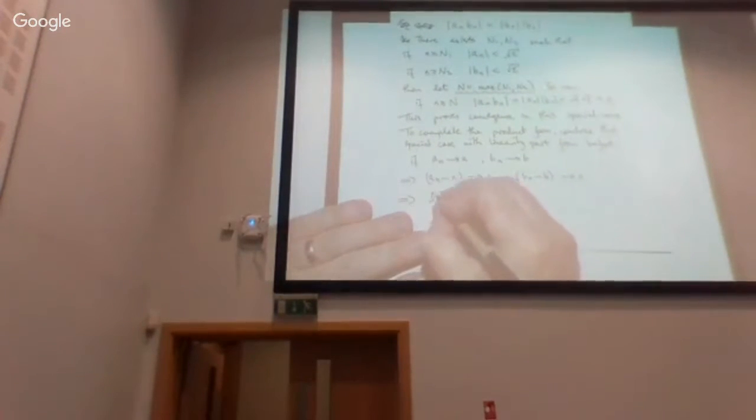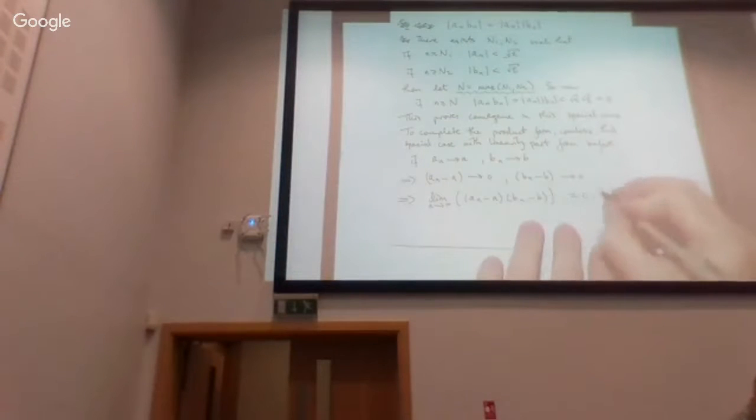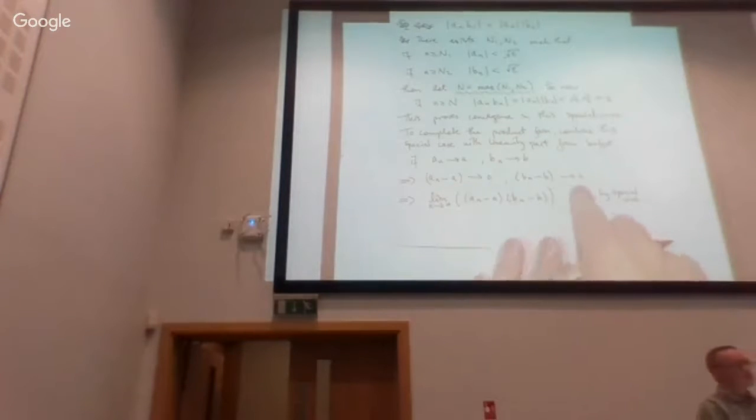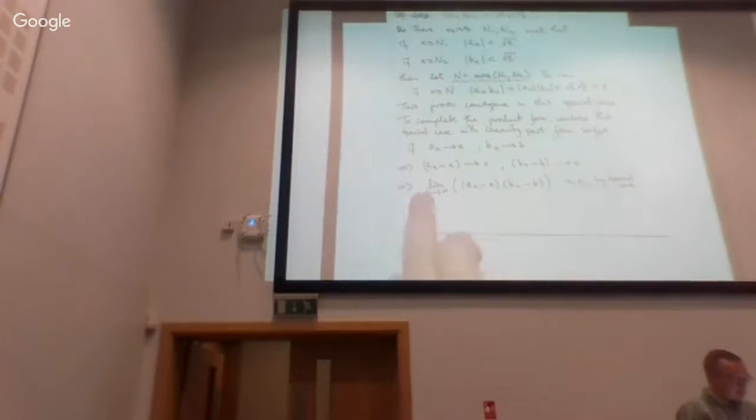So that implies that the limit as n goes to infinity of the product of these two is equal to 0. Okay, that's by the special case. So I've got two sequences converging to 0. I multiply them together.